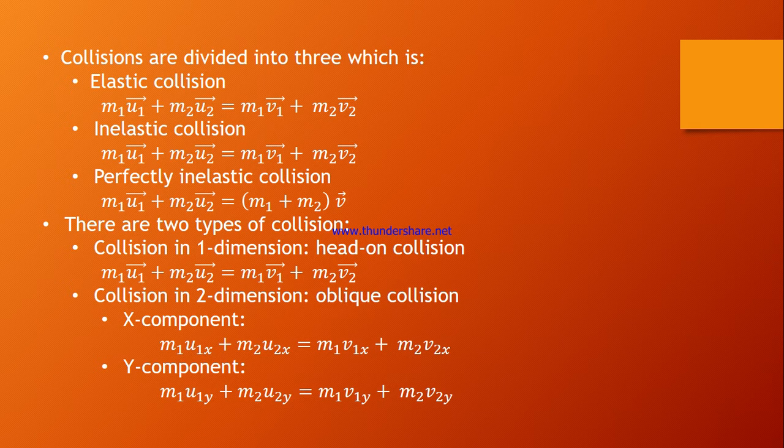times v. There are two types of collision. One is collision in one dimension, head-on collision: m1 u1 plus m2 u2 equals m1 v1 plus m2 v2. The second one is collision in two dimensions, oblique collision.